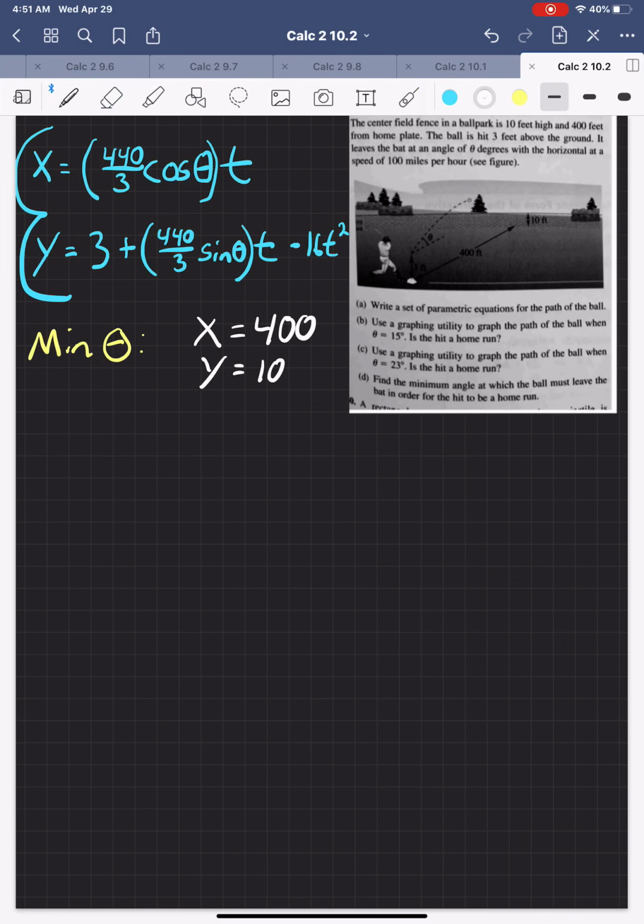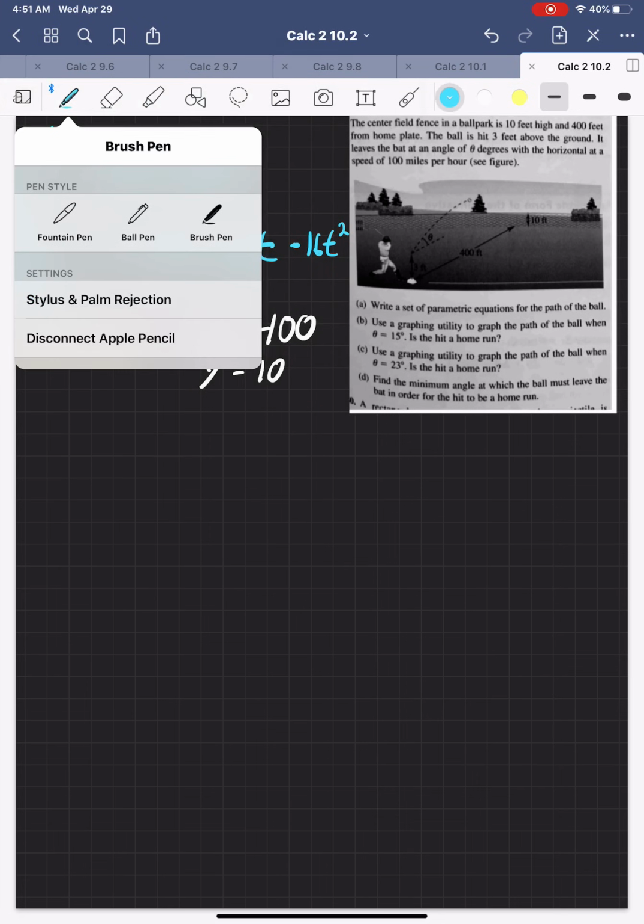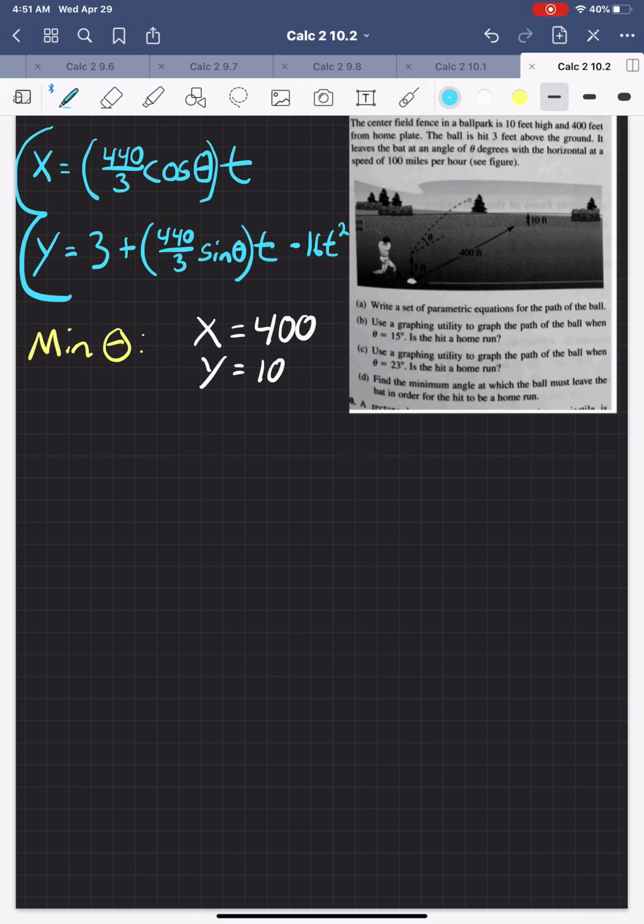I know it has to be bigger than 10. I know that, but hold on. So let's do our x equation. I would have x is equal to, so I know x is 400. So 400 is equal to 440 over 3 cosine of theta t.